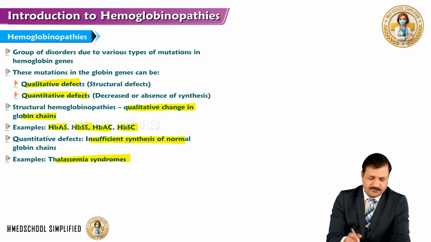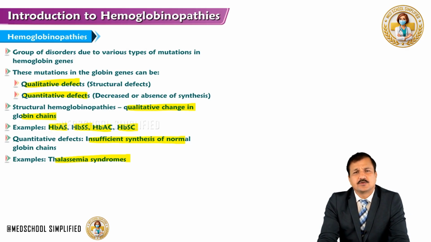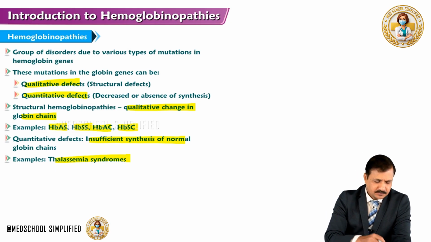And the quantitative defects usually lead to decrease or absence of one of the globin chains in a hemoglobin molecule. If it is alpha globin that is affected, it leads to alpha thalassemia. If it is beta globin that is affected, it is beta thalassemia.